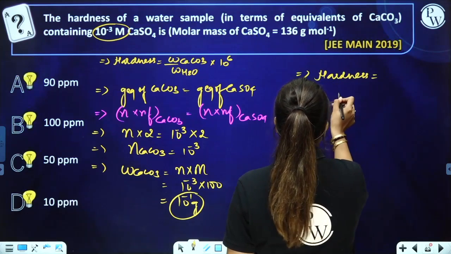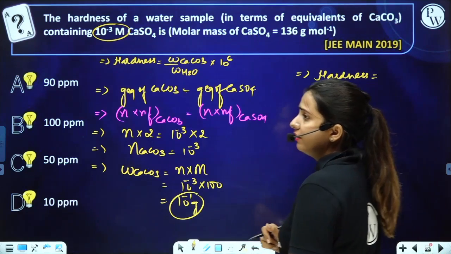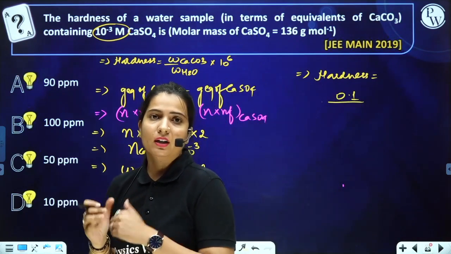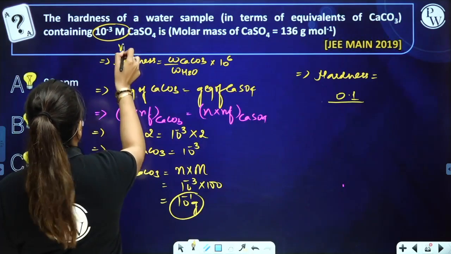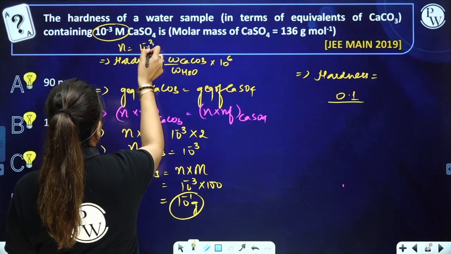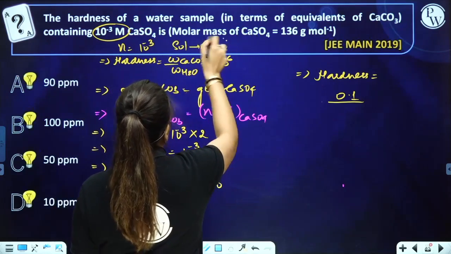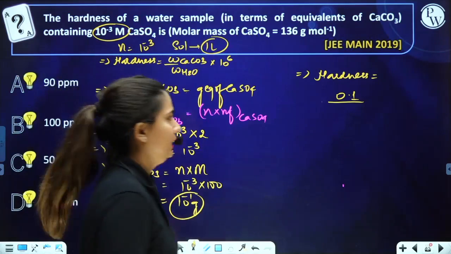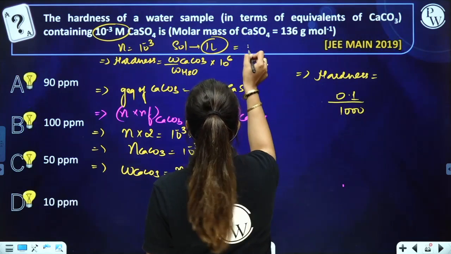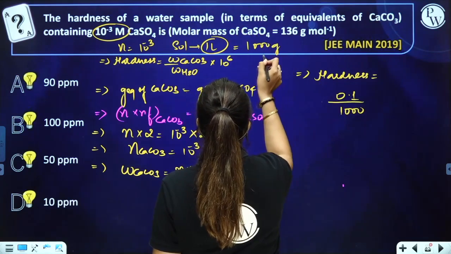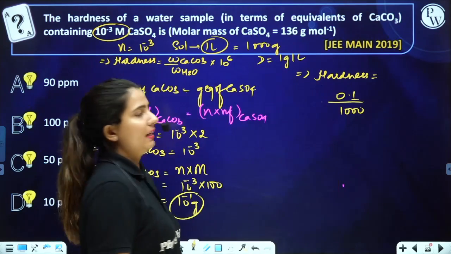It will be equal to 0.1 divided by the weight of the water. You are not having the weight of the water present over here, but you are having the molarity, which is telling you that the number of moles present is 10 to the power minus 3, and the solution is having the volume equal to 1 liter. We can take it as 1000 gram, because the density of water, 1 liter will be equal to 1000 gram, so we can take the density as 1 gram per milliliter in this respective solution.